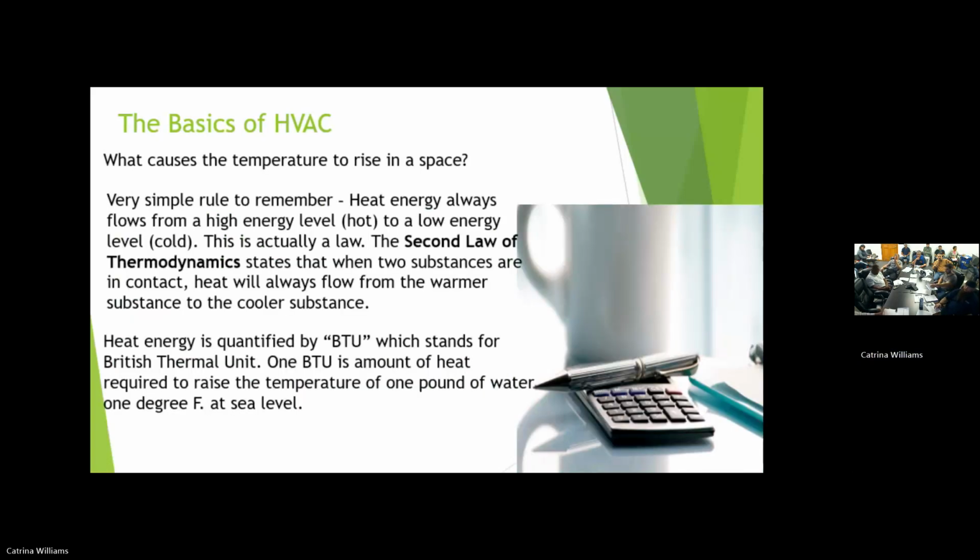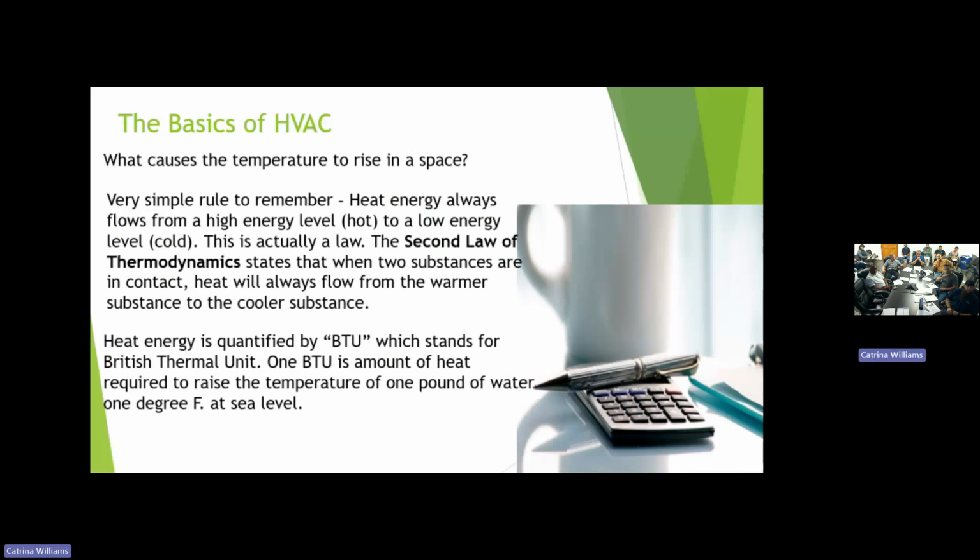So as of yesterday, if I came down here and saw this temperature you have, what causes temperature to rise in the space? Well, the simple thing you have to remember is that heat energy always flows from high energy level, hot, to low energy level.